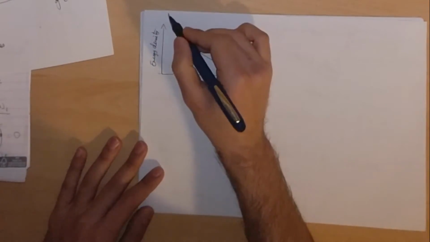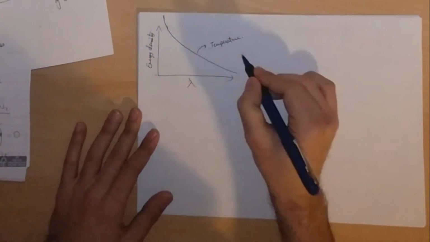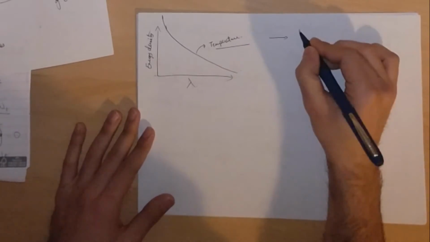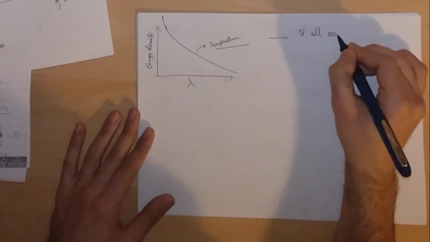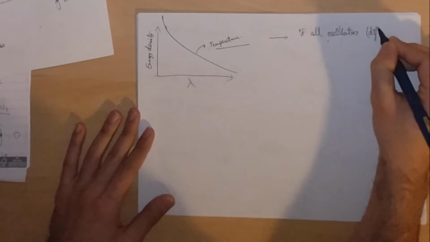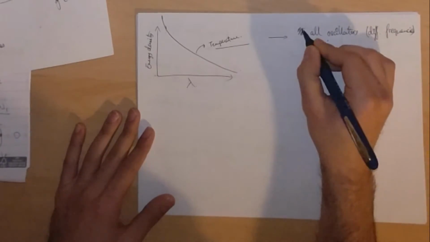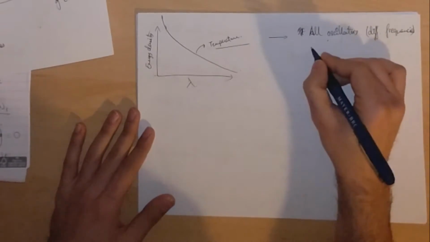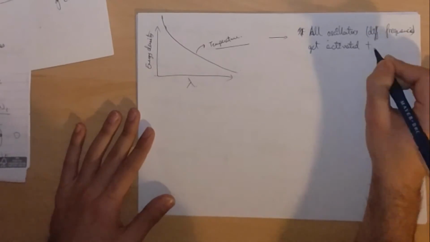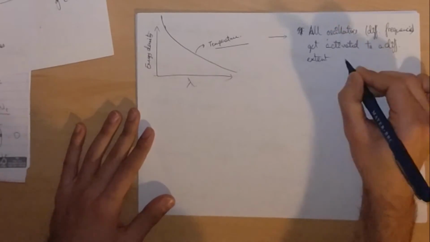So he's saying that at lower wavelengths you're going to get a high energy density at a given temperature. Well, seems a bit complex, but essentially all it's saying is that all oscillators, which are different frequencies, get activated to a different extent depending on temperature.